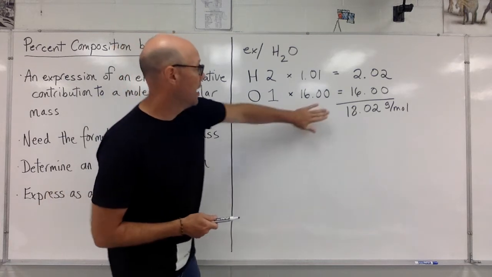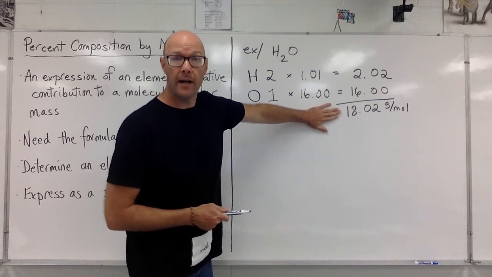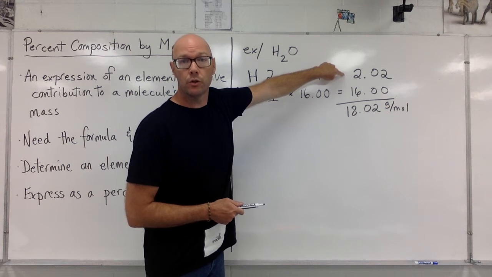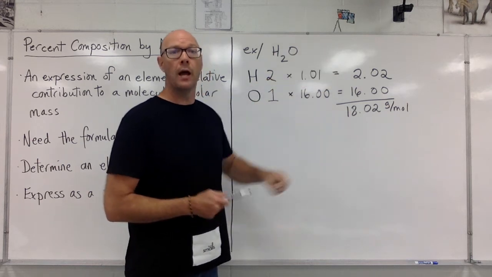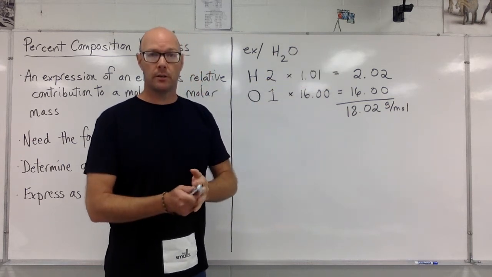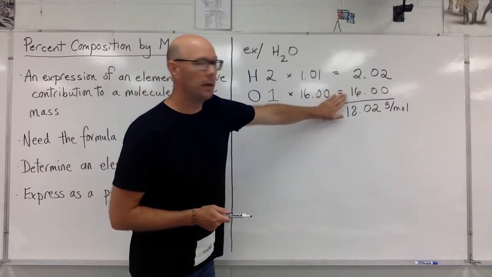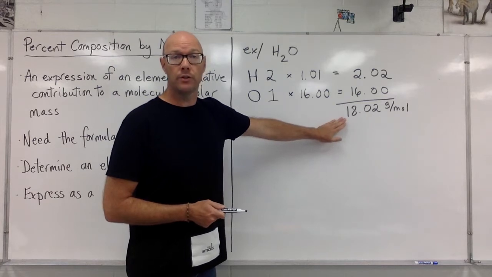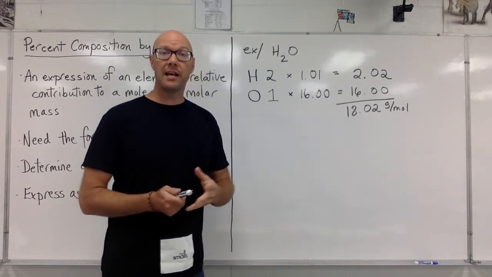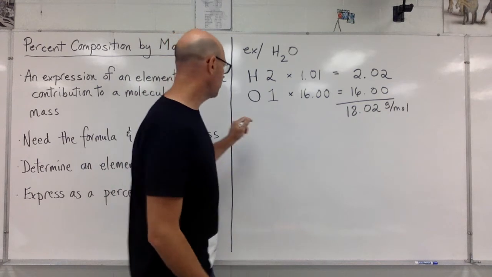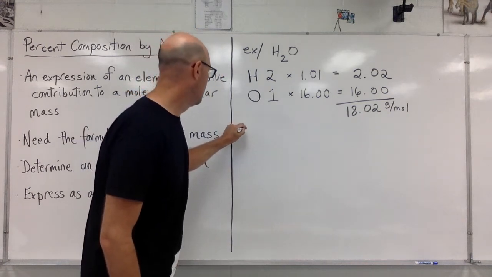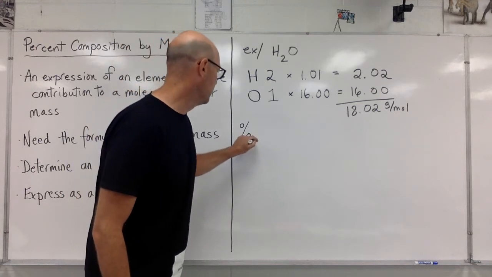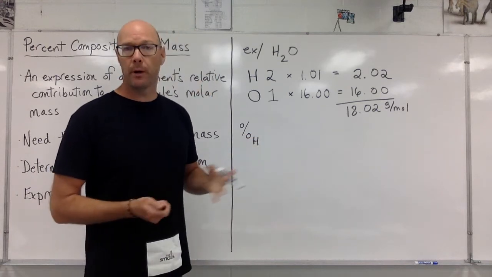Think of it like this. Here's the overall molar mass, and then the hydrogen contributed 2.02 to the 18.02, and we need to express that as a percent. The oxygen contributed 16.00 to the 18.02. Let's also express that as a percent. So I'm going to write it like this, the percent, and then I'm going to put a little subscript H there, just so that I know that that's about the hydrogen.